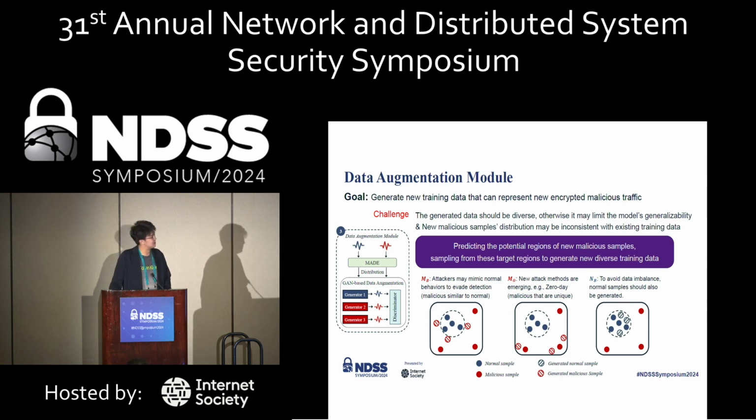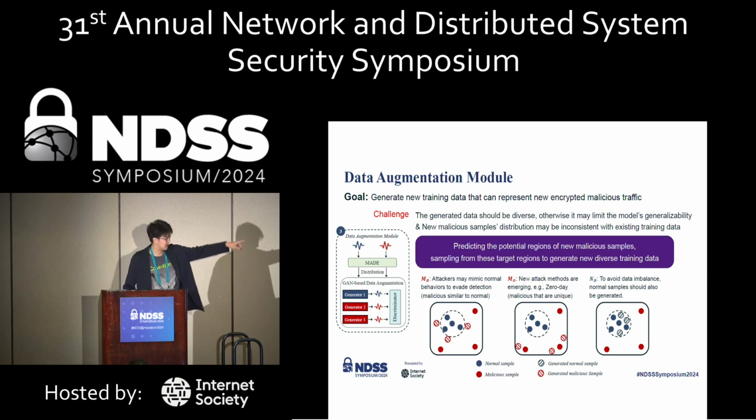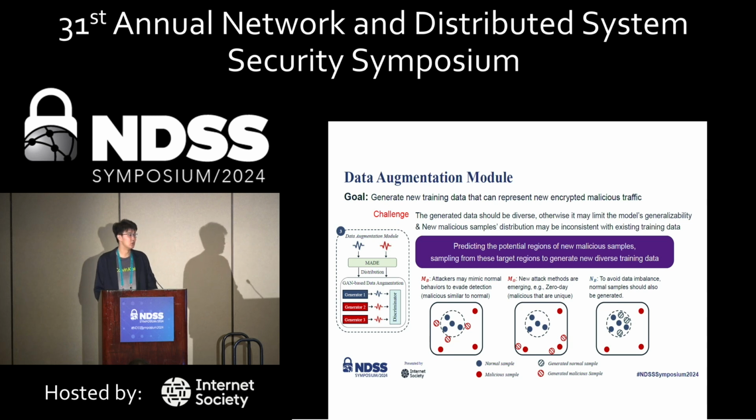Our prediction about the potential regions is under 2 conditions. The first condition is the picture on the left. Condition 1 is that attackers may mimic normal behaviors to evade detection, which can be described in the feature space as malicious samples that are similar to normal samples.